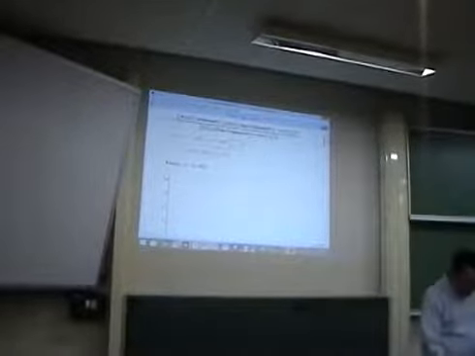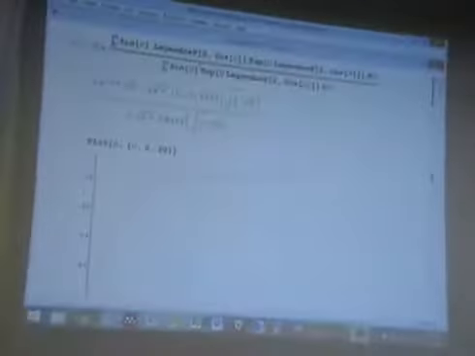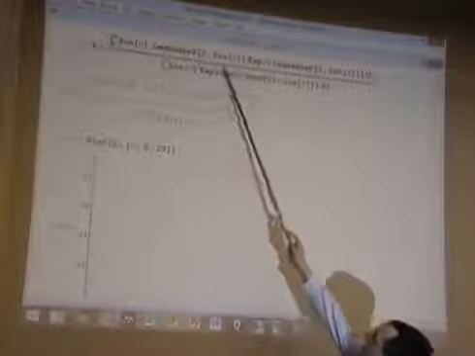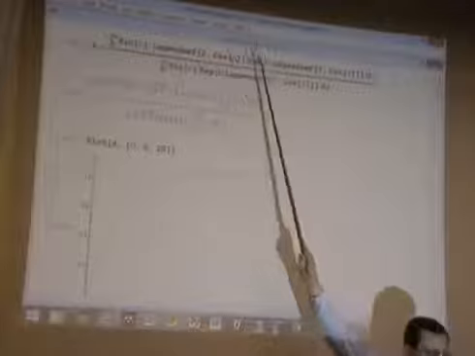Okay, so let's do things. In Mathematica, the first step is to relate S to U, because S is the expectation value of this P2 of cosine theta.